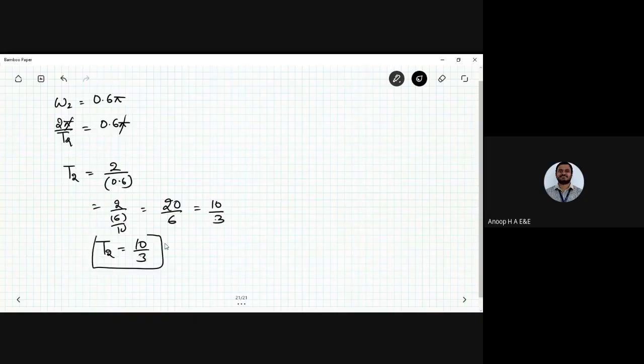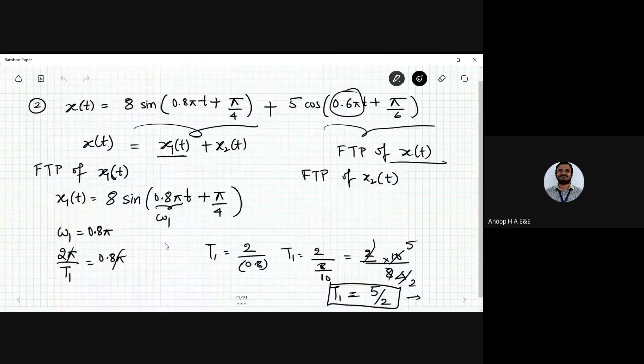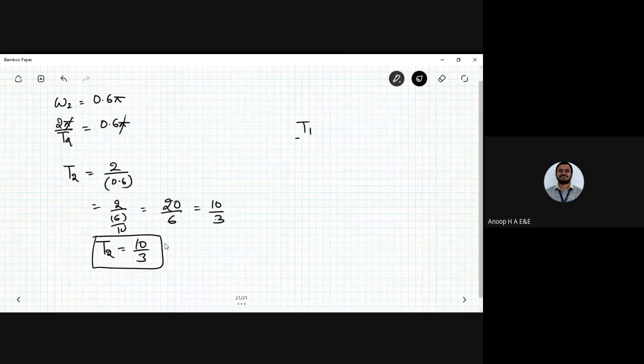If you recall what we had done, t1 by t2 should be a rational number. This is one thing that you need to be very clear on. Then you can call the signal x of t periodic. Once you get the time period and substitute it, you can say that x1 of t plus t1 would be equal to x1 of t.